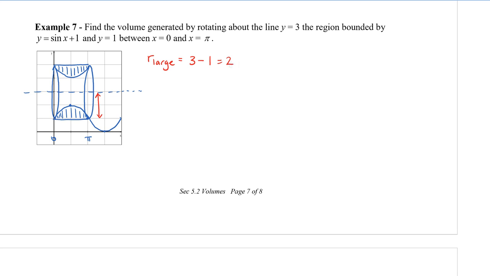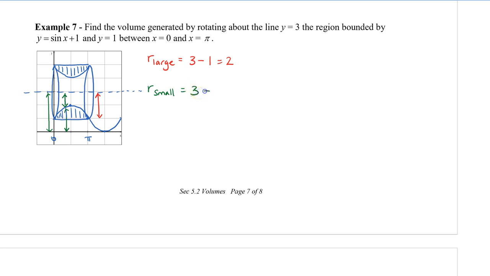My other radius is this distance here. Now again, we can think of this as 3. And then we're going to take away this distance here. So the full distance is 3. If we take away this height here, this y value, then we'll be left with this radius.